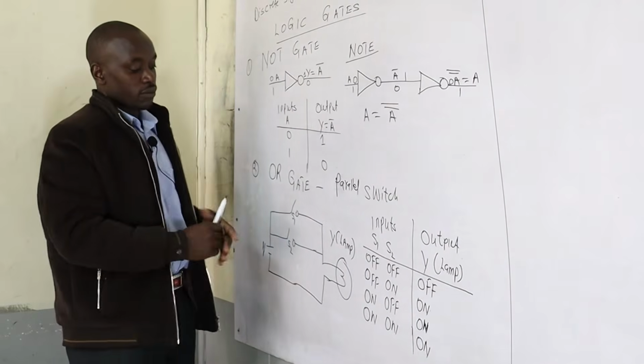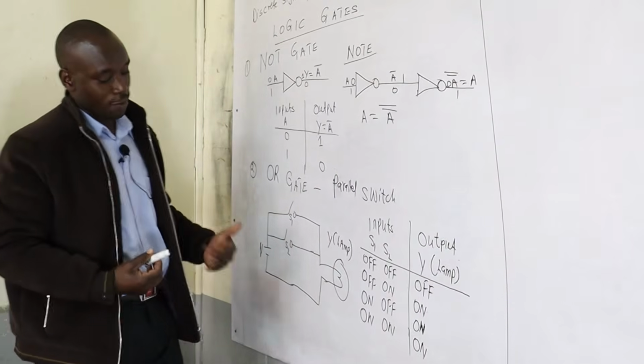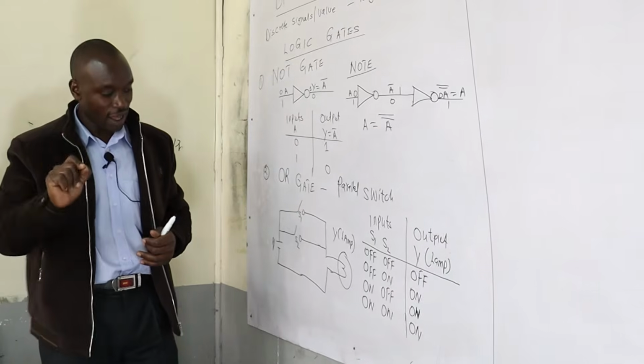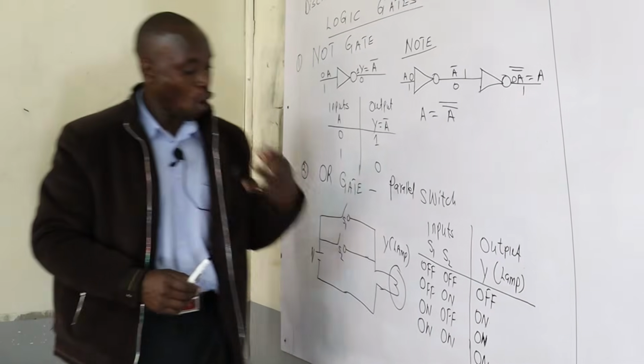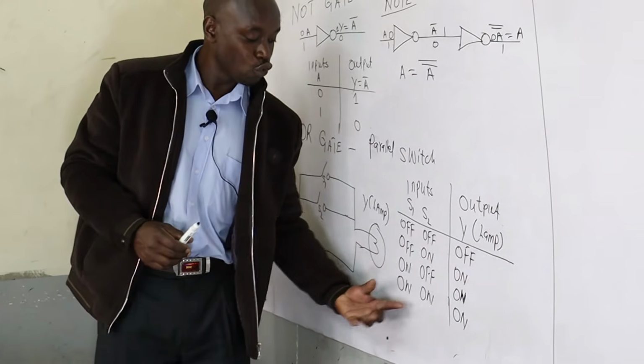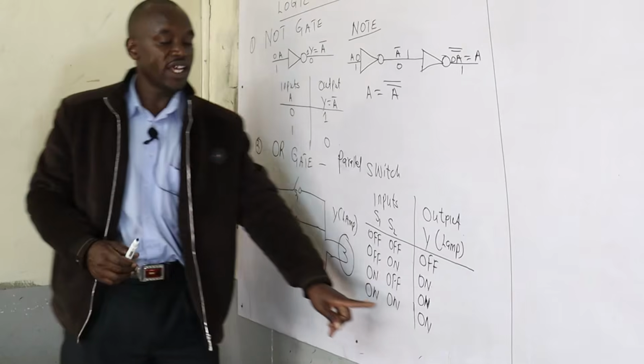Now, remember, when we do binary arithmetic, 1 plus 1 is 0 carry 1. I want to put that one as a note. But in the OR gate, 1 plus 1, or 1, it means two switches are in parallel, and both of them are on. We get a 1 here.